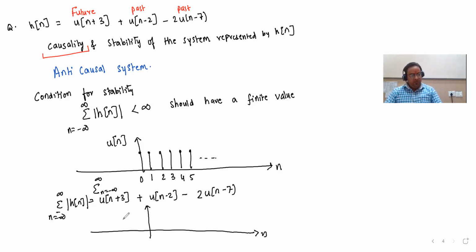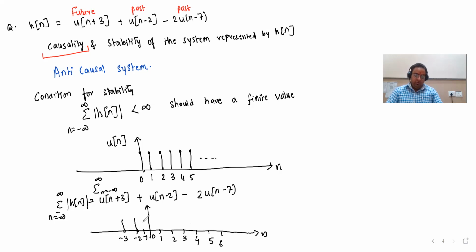So we'll get here the sample points minus 3, minus 2, minus 1, 0, 1, 2, 3, 4, 5, and 6.